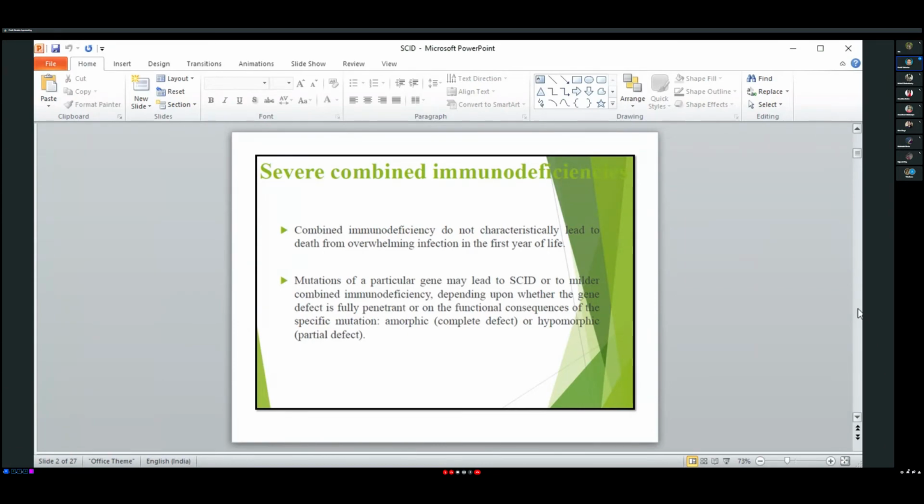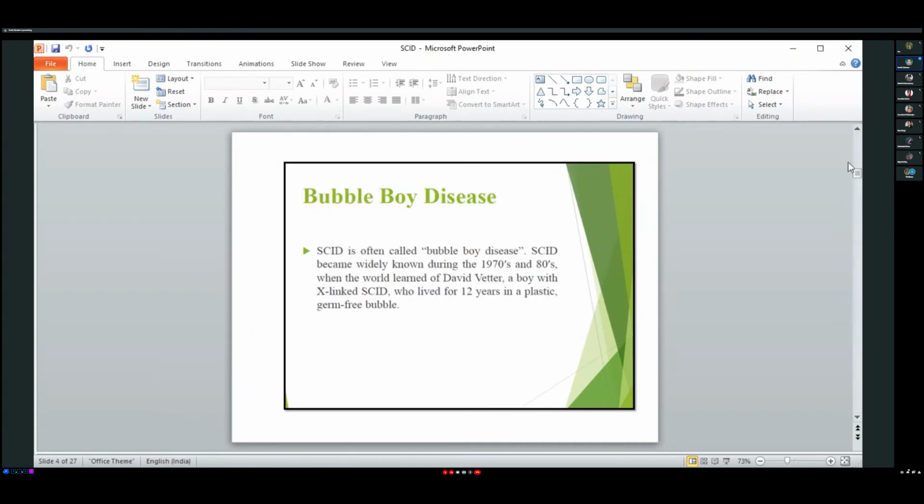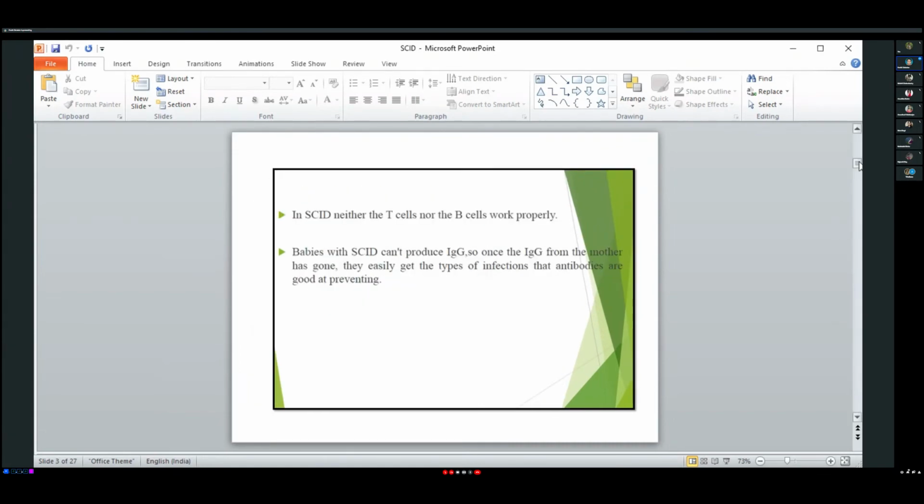Students, I would request you, whenever you are studying immunology, you must have a very good idea about these two terms of molecular biology, penetrance and expressivity. Now SCID, severe combined immunodeficiency: neither the T cells nor the B cells work properly.